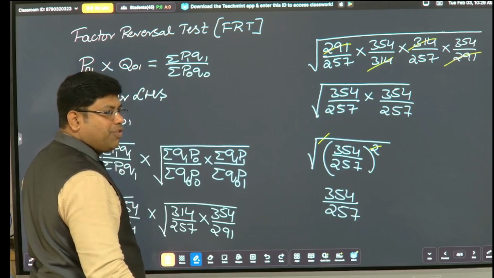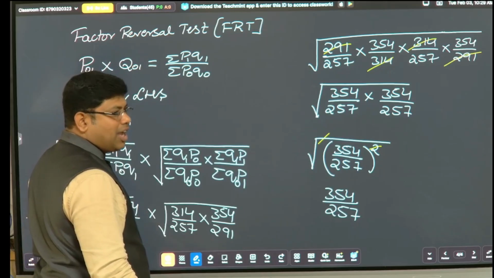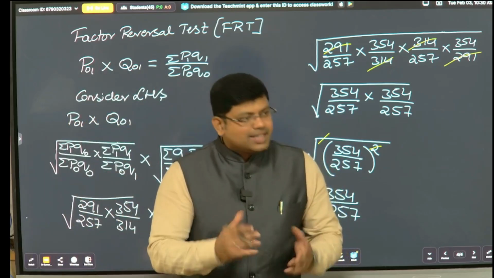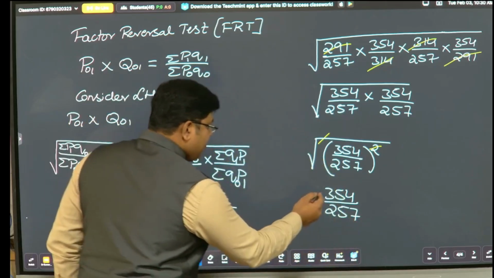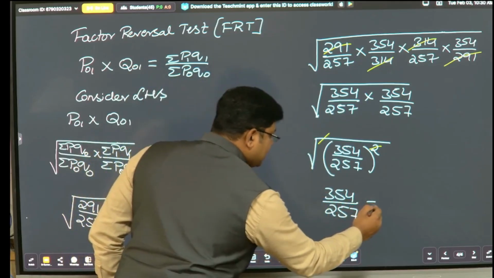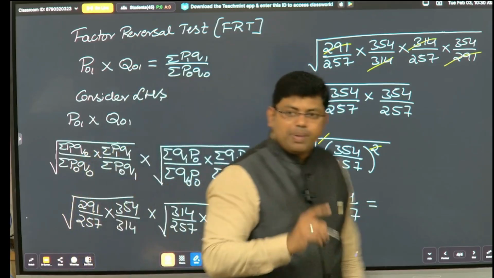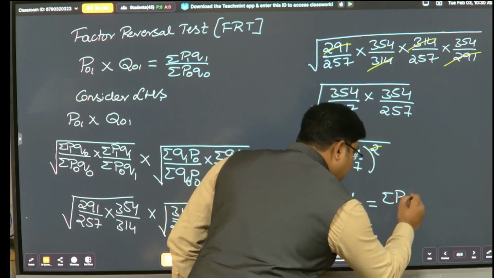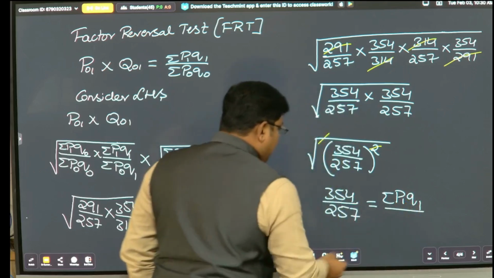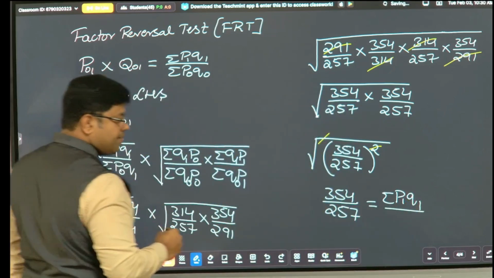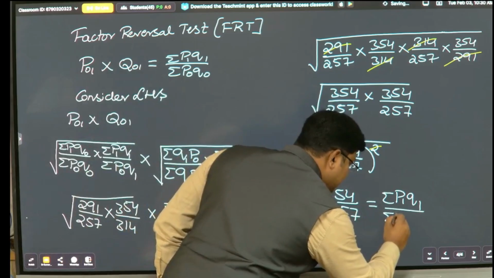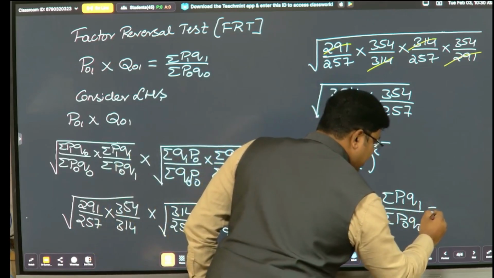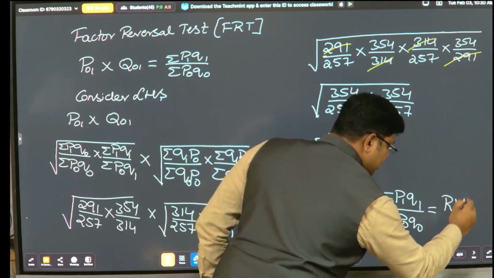There is no need to go further. Okay, what do we want from LHS? We want RHS. Now tell me, from the table, what is 354? P1 Q1. Can I write this as summation P1 Q1? And 257 should be P0 Q0, which is RHS.